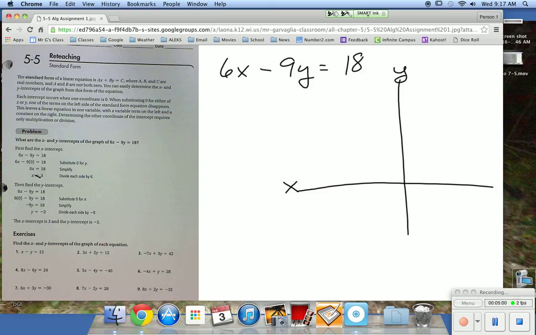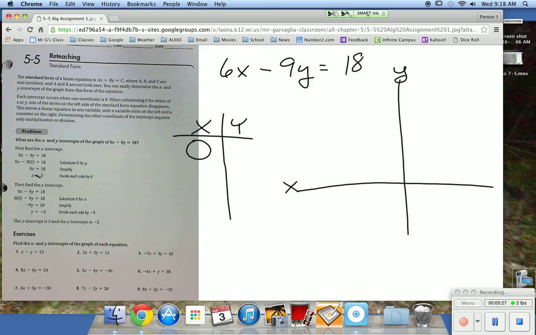If my x is 0, I'm sitting right here on the y-axis, so I'm going to find where it crosses my y-axis. If we did a t-chart of x and y, and I put 0 in for x, I can find my y, can't I? There's only 2 variables in there.